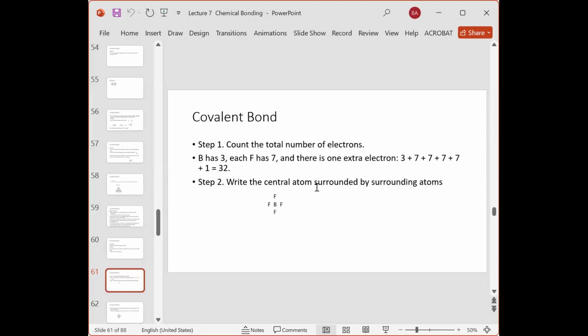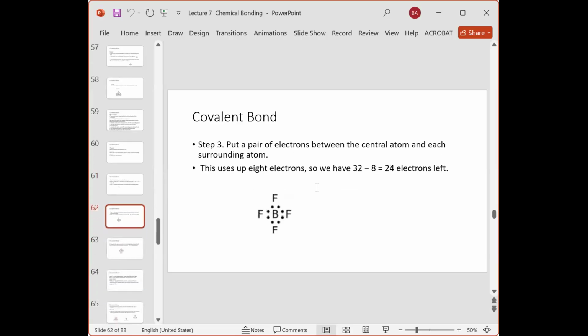So you write the central atom surrounded by the other atoms. Write the boron, then surround it with the fluorine, and start putting 1, 1, 1, 1, and then you go around again and put 1, 1, 1, 1. You see that you will get the octet rule. That's how this is done. If there's any extra electron, then you can put it on the central atom.